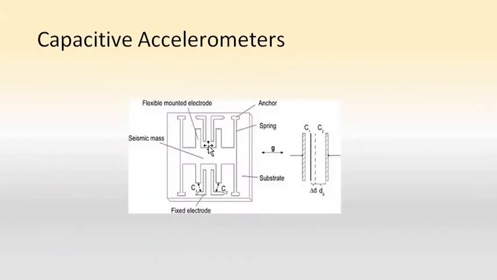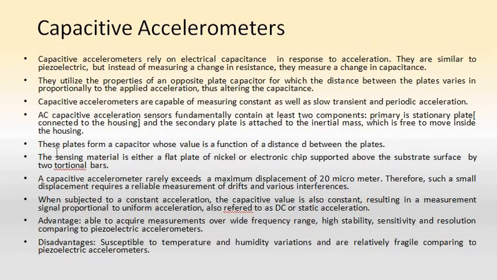This is the body and this is the inertial mass. So these plates will form a capacitor. Both this primary plate and secondary plate will form a capacitor, and the value of that capacitor is a function of the distance between the two plates. The sensing material is either a flat plate of nickel or an electronic chip supported above the substrate surface by two torsional bars.